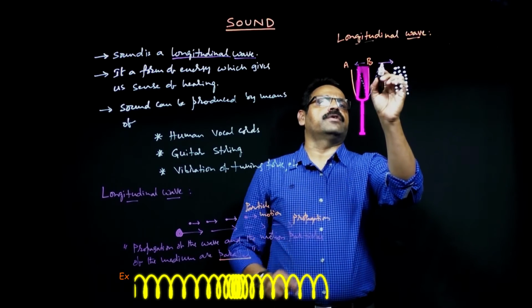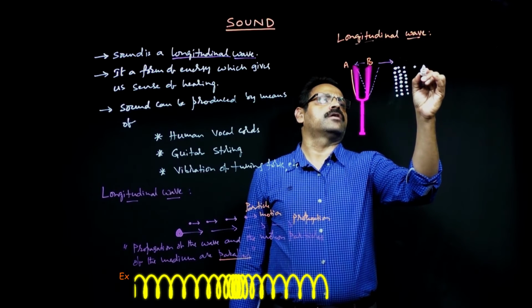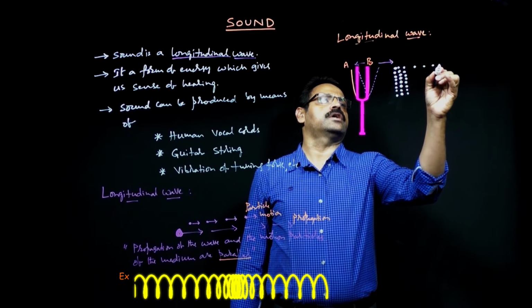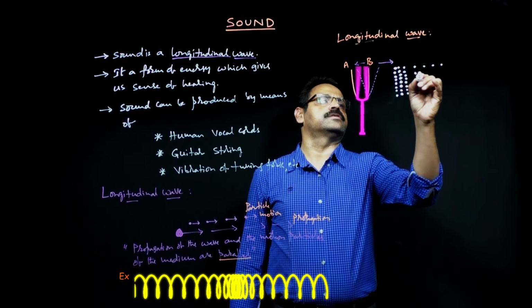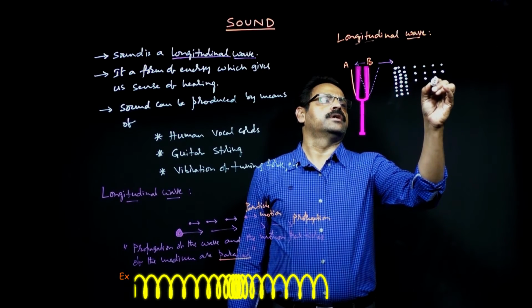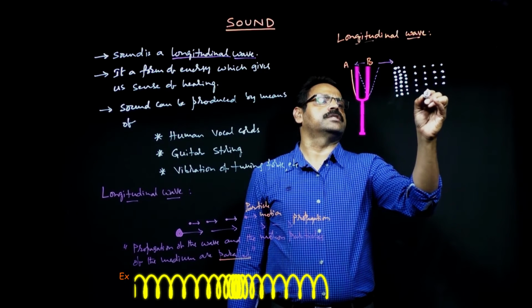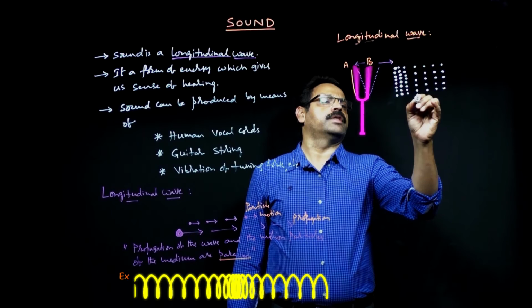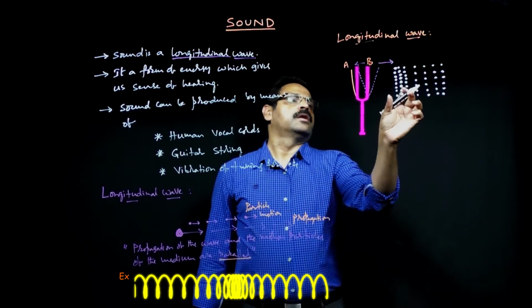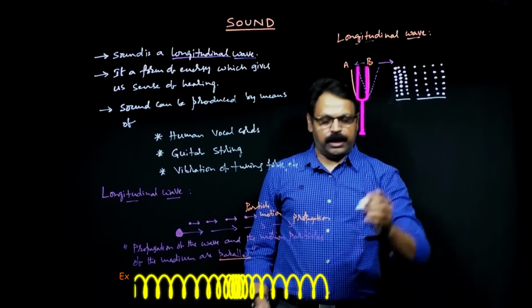Whenever the prong goes back, the particles are widespread, with a lot of separation between them, whereas there is a small separation when the particles are close.